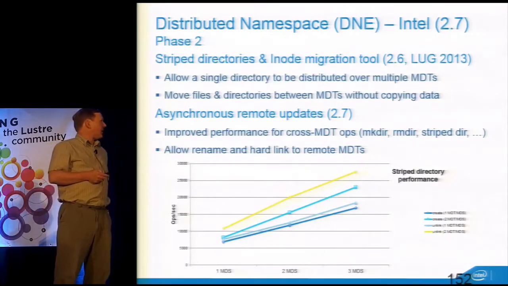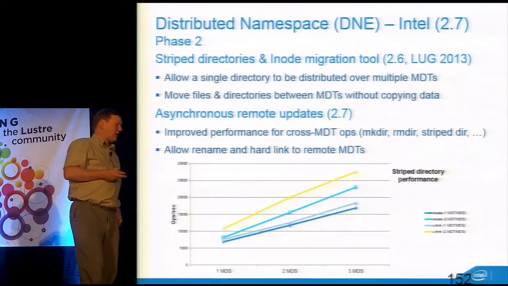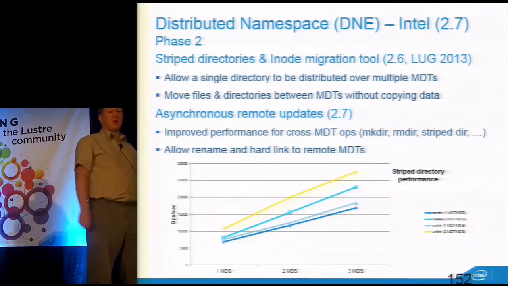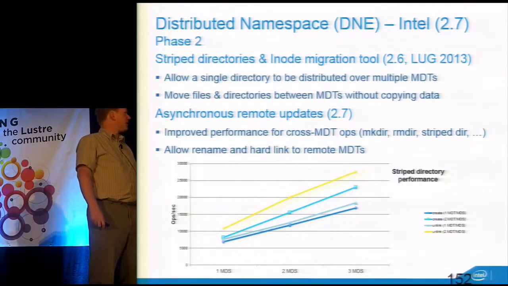So the first one, distributed namespace, striped directories of phase 2. Phase 1 was included in Lustre 2.4, I think, and that had remote directories, so you could scale the namespace, performance and size at the directory level.